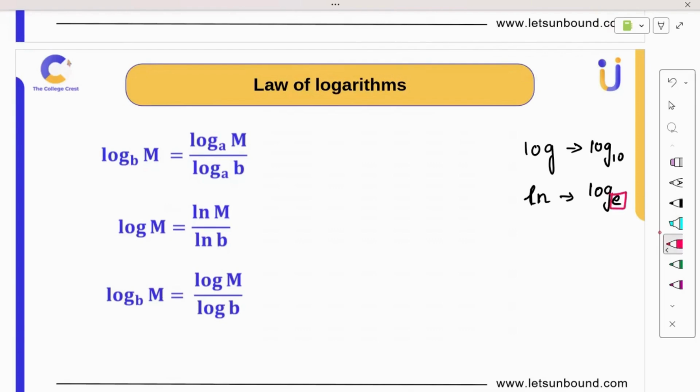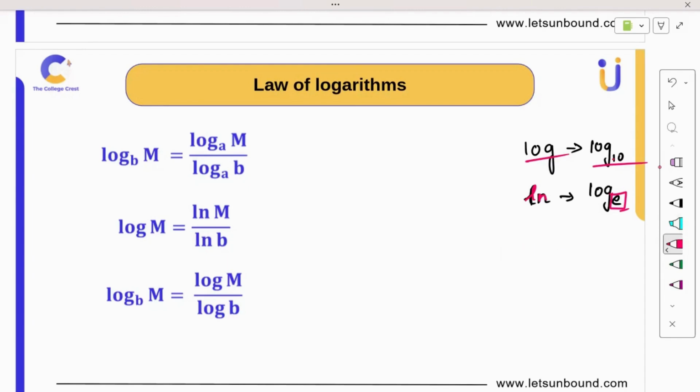E is a special Euler number, approximately 2.7. If you don't mention a base, it means it's 10. If they mention ln, the base is e. For any other base, we should mention it, like log root 2. So log 10 is the common logarithm, and mostly simply log is enough.